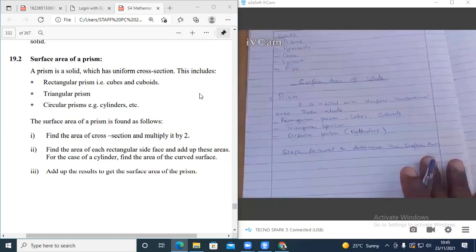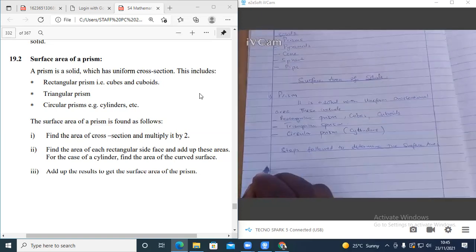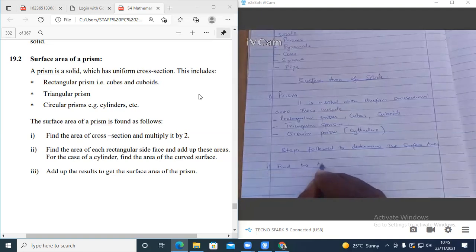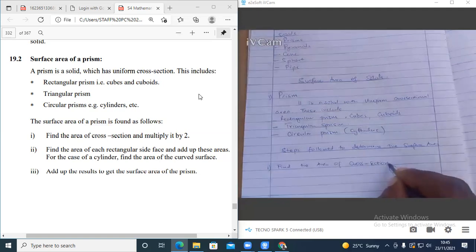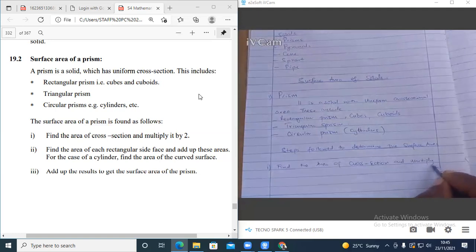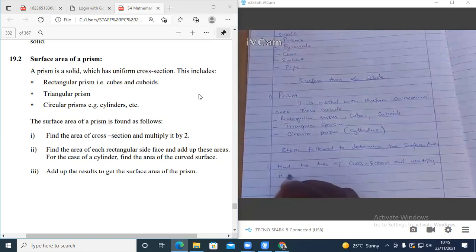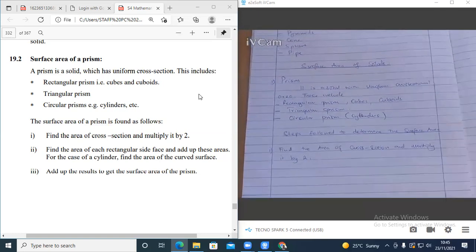Why do we multiply it by 2? Right now, some people are asking themselves, what is a cross section?